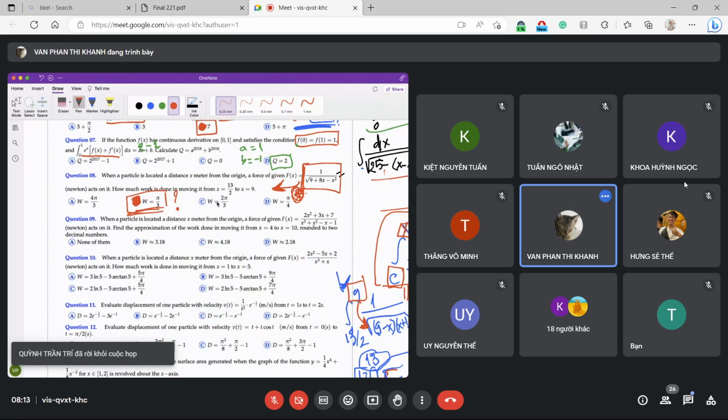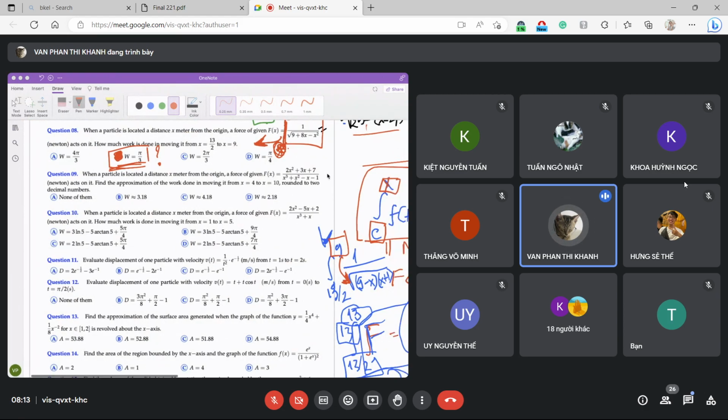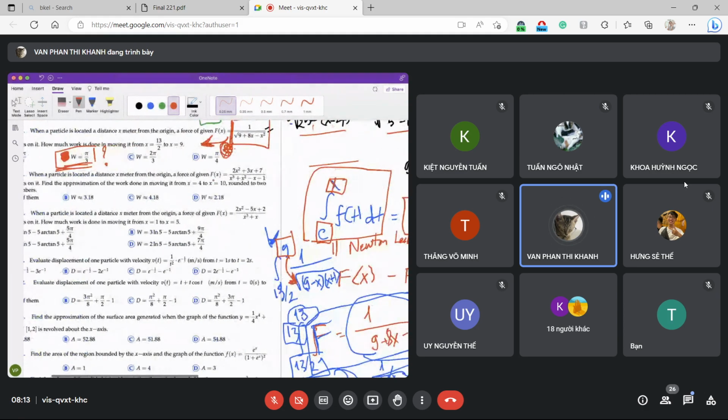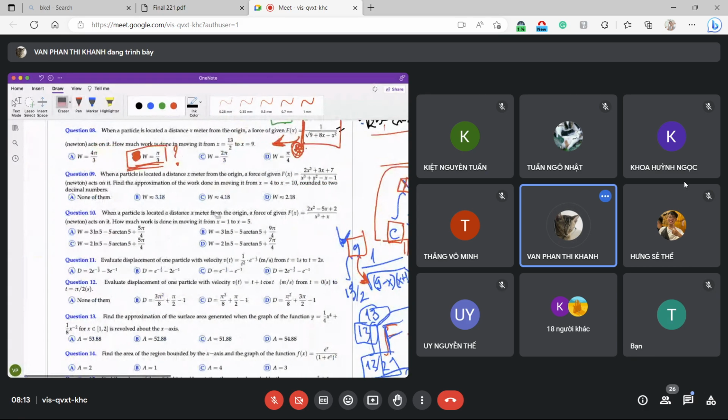Okay, question 9, please tell me what is the approximate value here. You just have a definite integral, so you just have to find the integral from 4 to 10 of this function. So please find it. Class, tell me the answer, the approximate value.